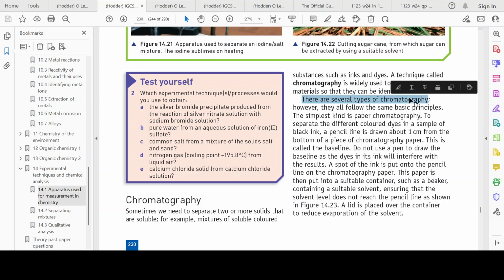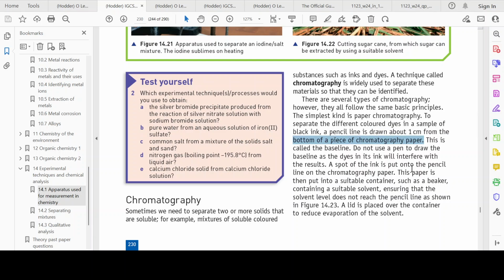There are several types of chromatography, however, they all follow the same principles. The simplest kind is paper chromatography. To separate the different colored dyes in a sample of black ink, a pencil line is drawn about 1 centimeter from the bottom of a piece of chromatography paper. So it's a special kind of paper.